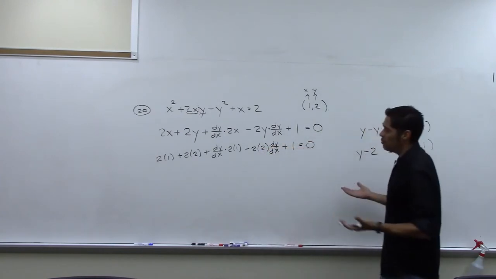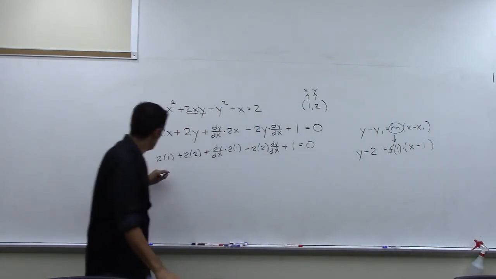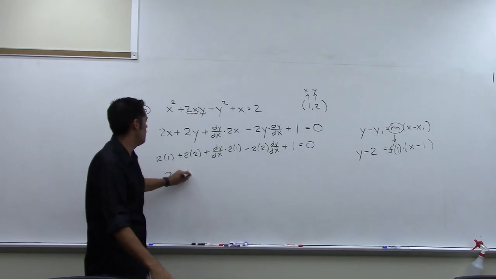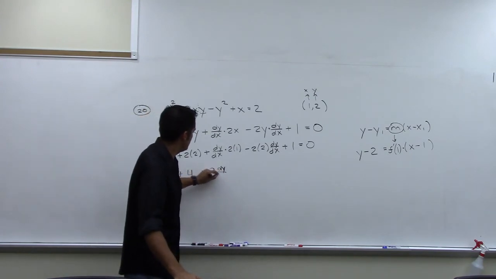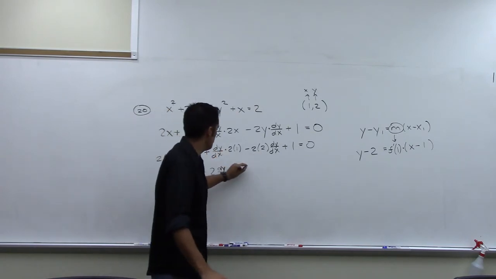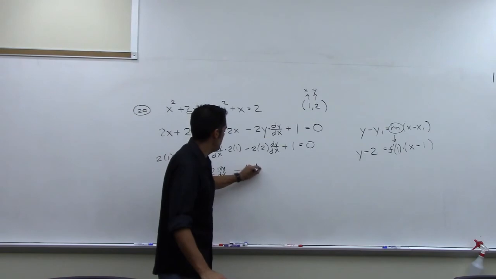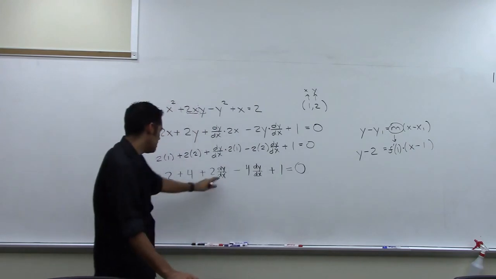If I can solve this for dy dx, I have my answer. So we have 2 plus 4 plus 2 dy dx, that's this, minus this, which is 4 dy dx, plus 1 must equal 0. So let me put my dy dx's together.